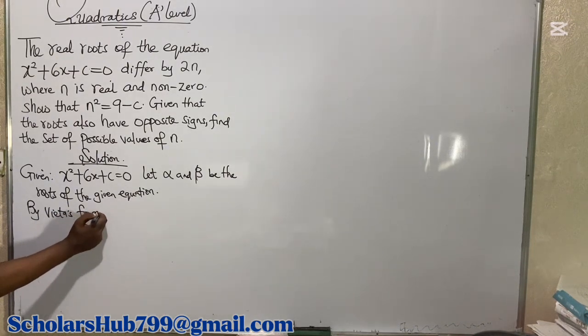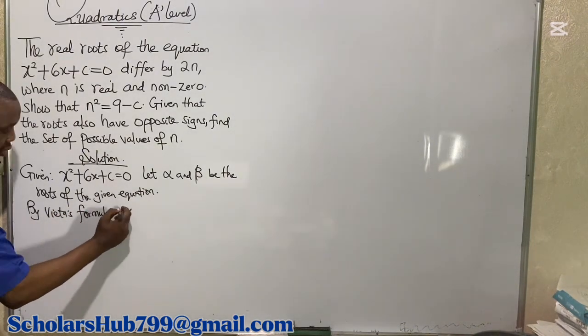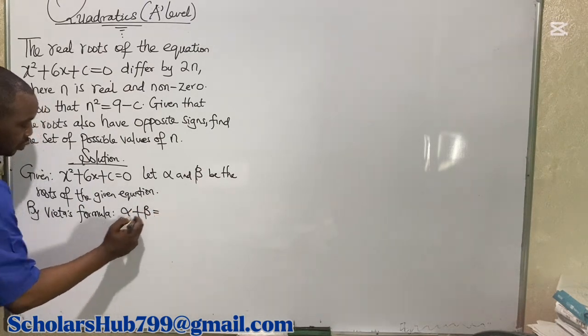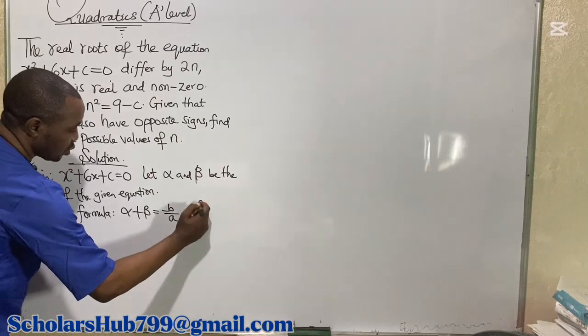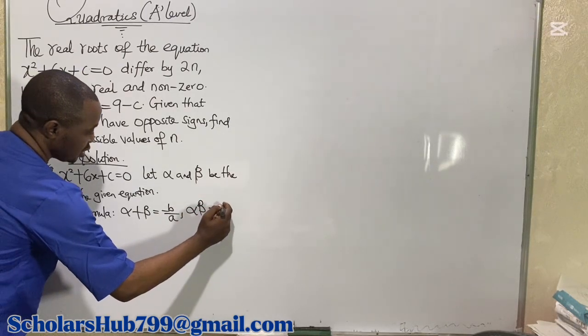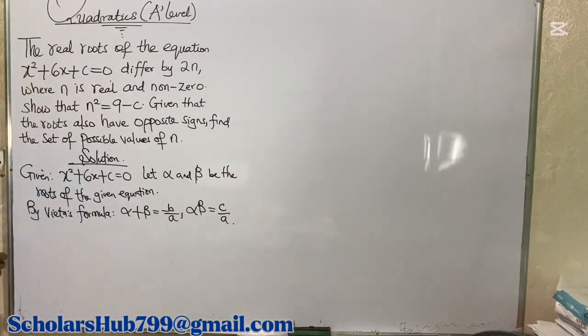by VIETA'S formula, we know that the sum of roots will be negative b over a, and the product of roots is c over a.